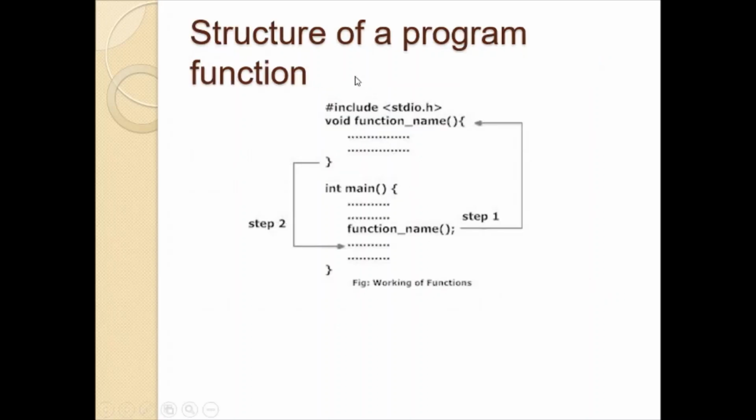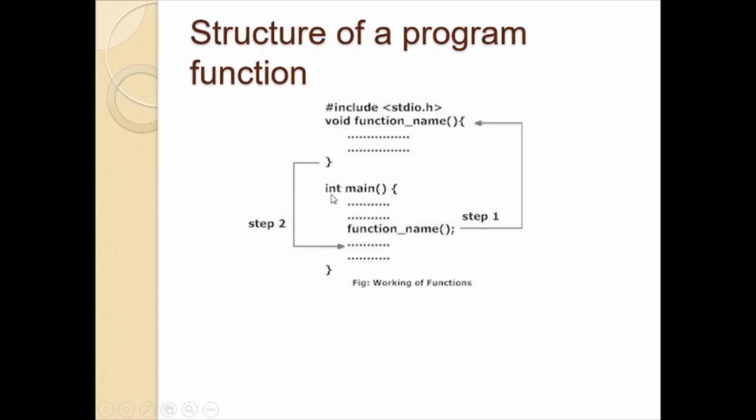So here is the structure of a program with a function. Here we have written one function. This is the function name along with the return type. Some set of code is written within the function, and here is the main method. As we know, execution of any C program starts from the main method.